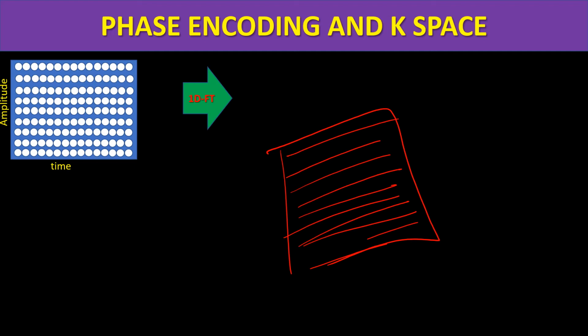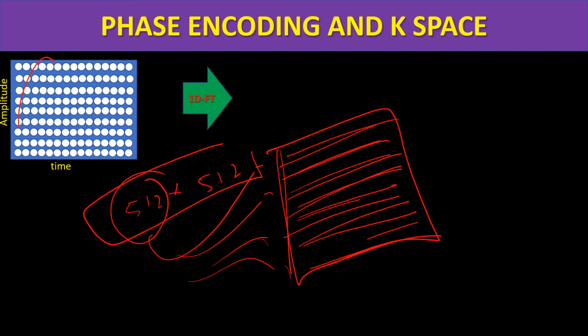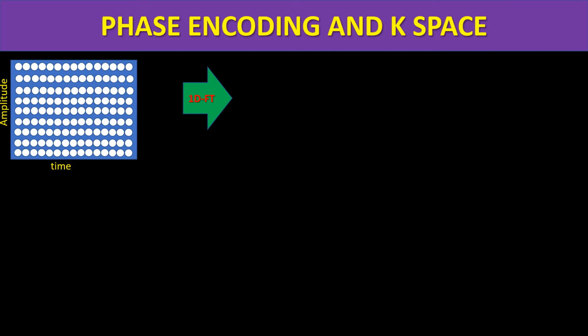So if there is a 512 by 512 matrix, I have to repeat the entire step 512 times to finally get 512 lines filled in the K space. That's how we fill the K space, and this K space has only amplitude with respect to time, and each line represents each phase encoding step.